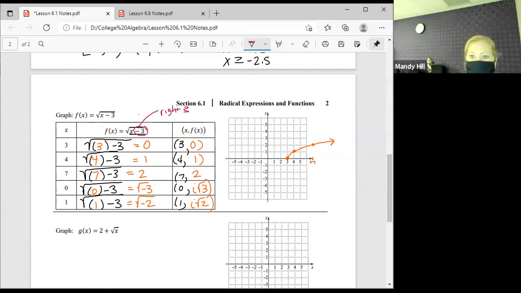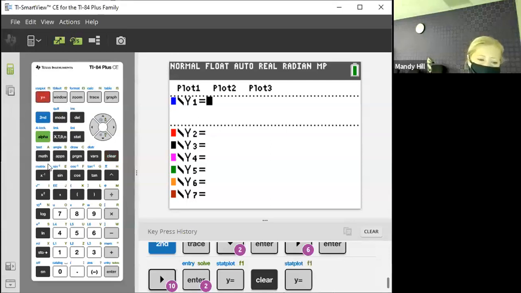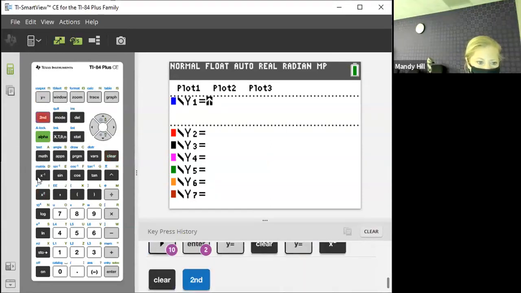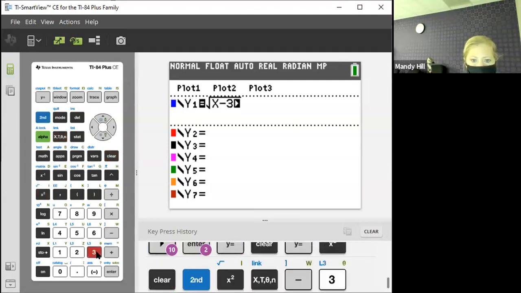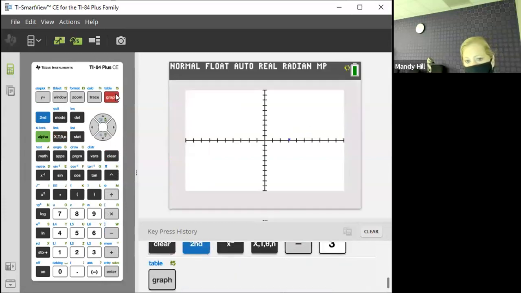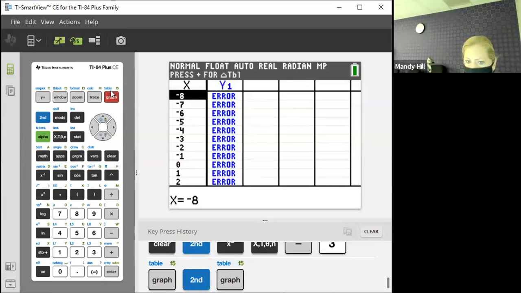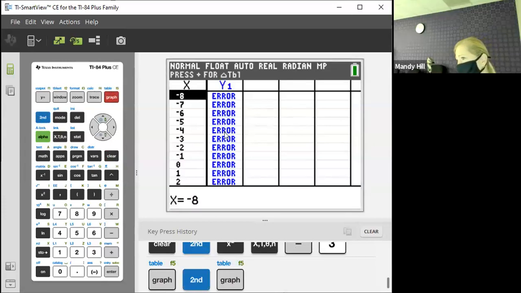But let me go to the graphing calculator real quick. I'm going to do square root of x minus 3, and graph it just to make sure that we got it right. If I look at my table, do you see all of those errors?